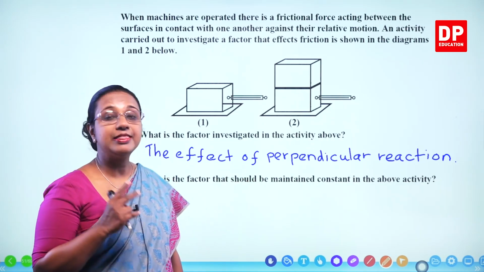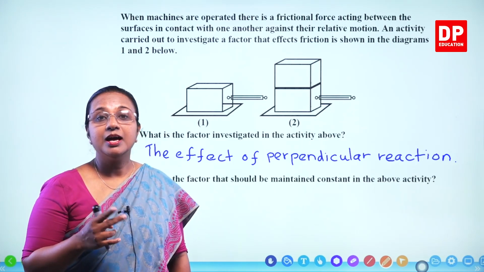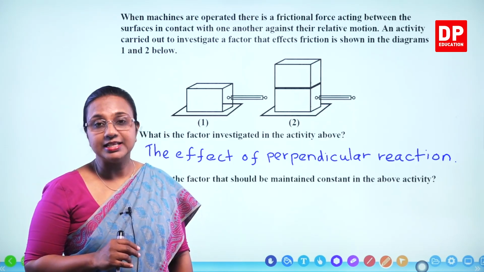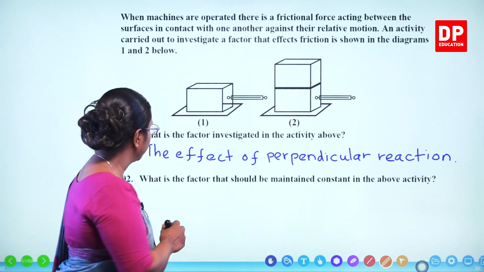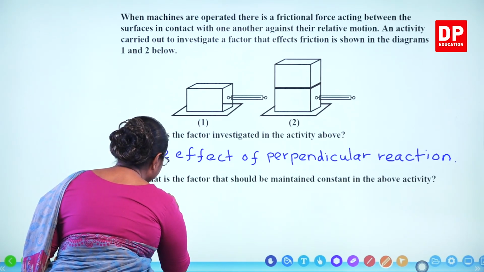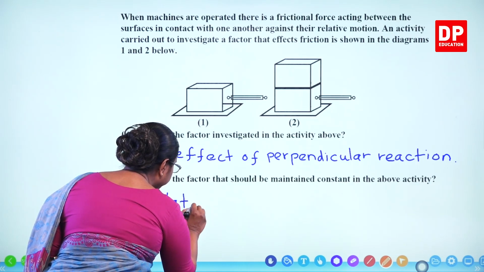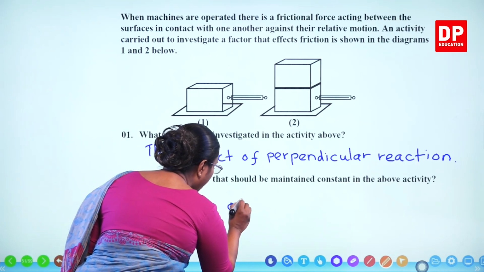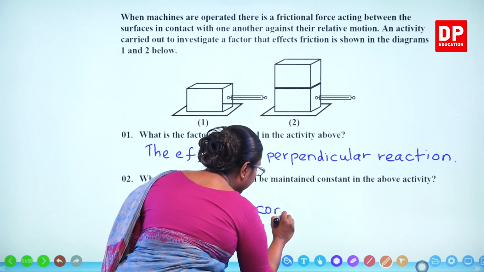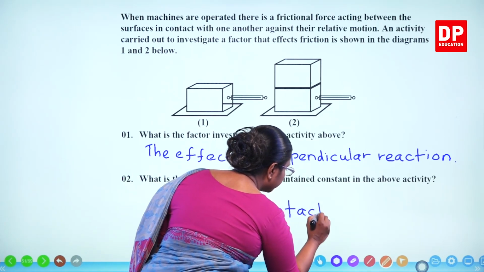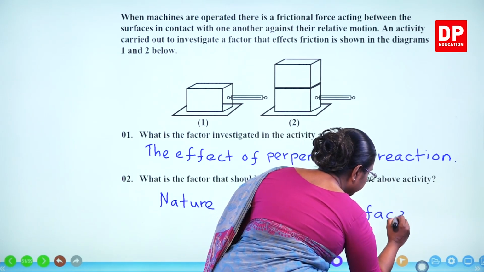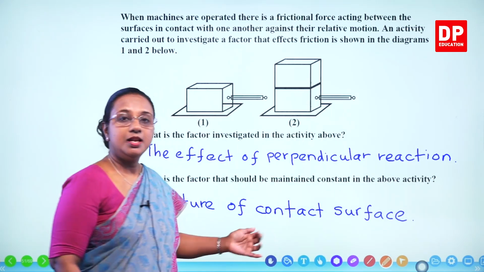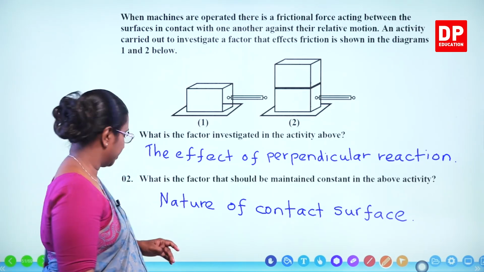One is this, the other one is the nature of the contact surface. So, we have to maintain that constant. So, here the answer will be the nature of the contact surface. Let's move on to the next question.